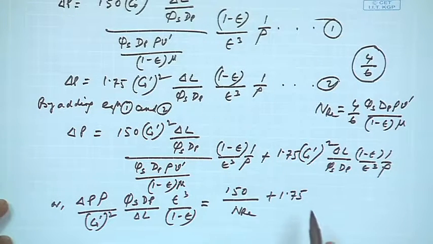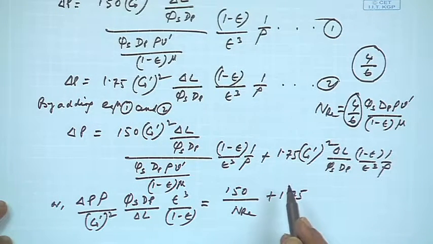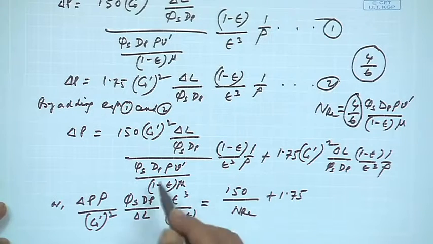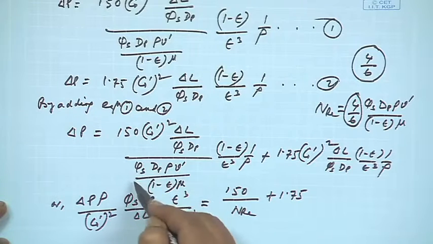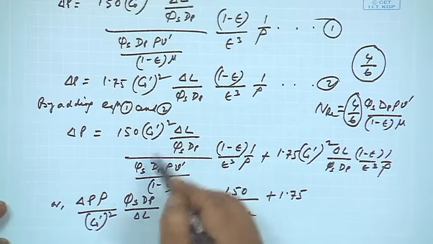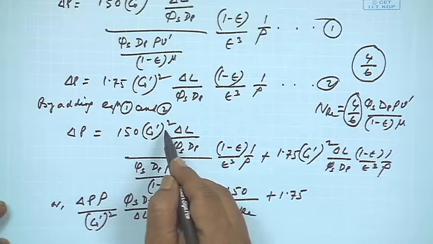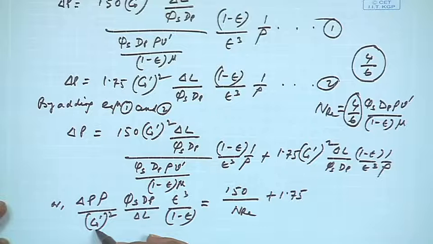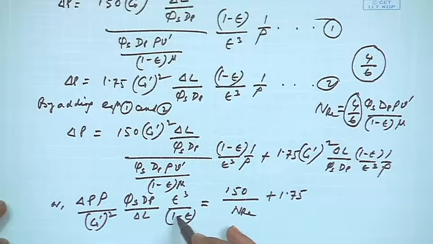Now, if we neglect this 4 by 6, then this term we can write to be equal to NRE, and we have brought down to this side delta p, g prime square in the denominator, phi s dp in the numerator, delta L in the denominator, this epsilon cube by 1 minus epsilon here, right.